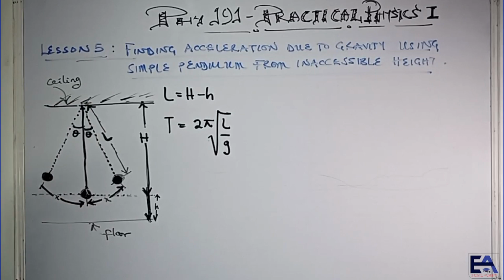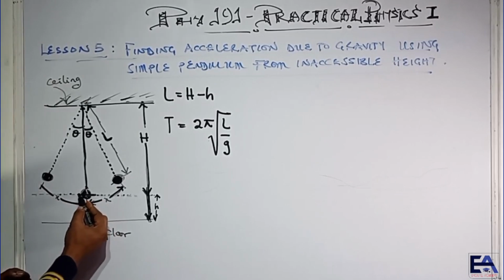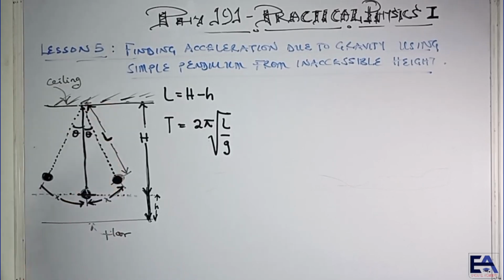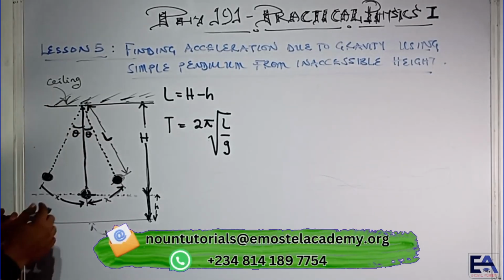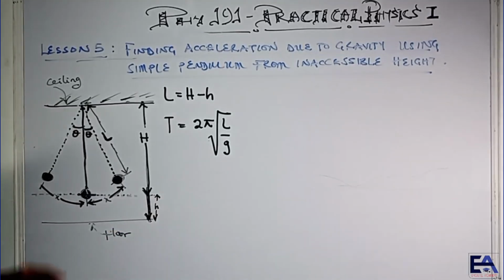It is a standard that whenever you want to measure the length of the thread, you measure it from the center of the bulb to the point of hanging. One of the precautions: you don't measure from the top of the bulb. That is also what is represented in this diagram.